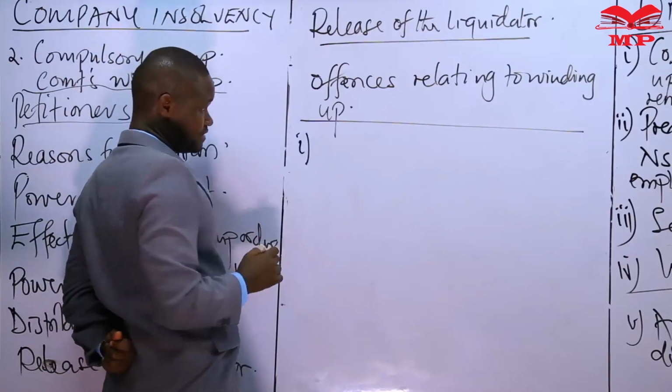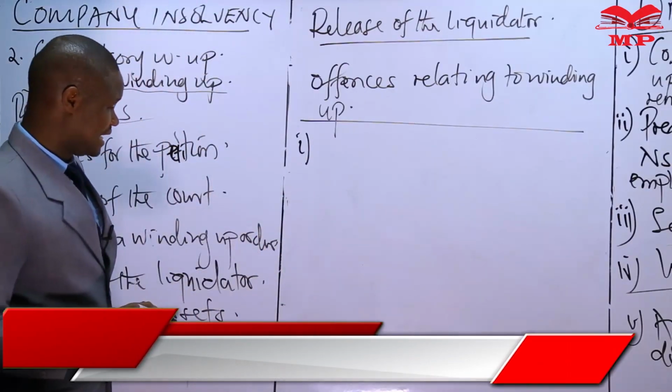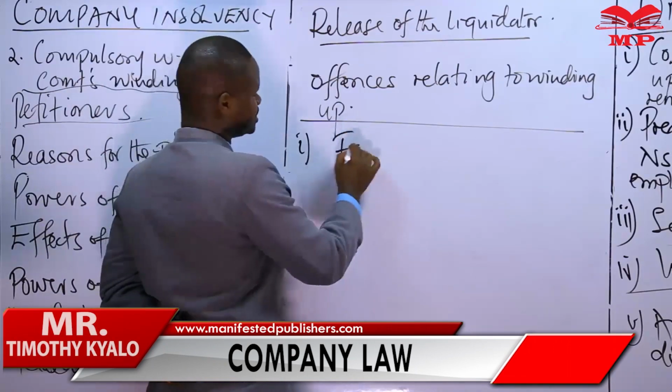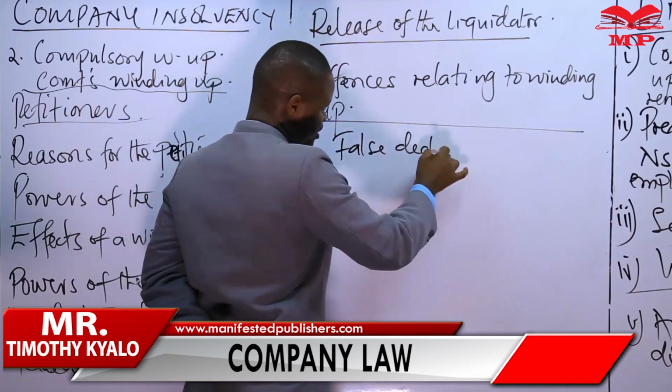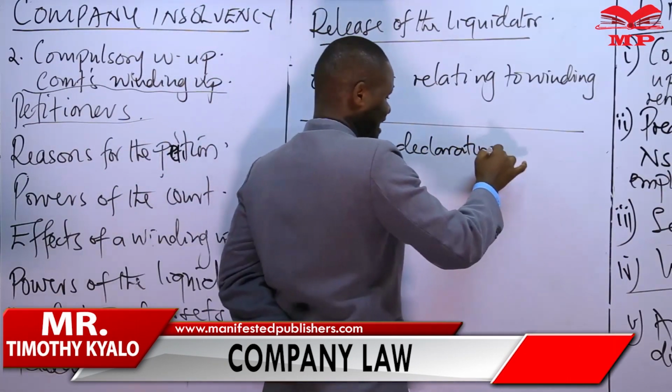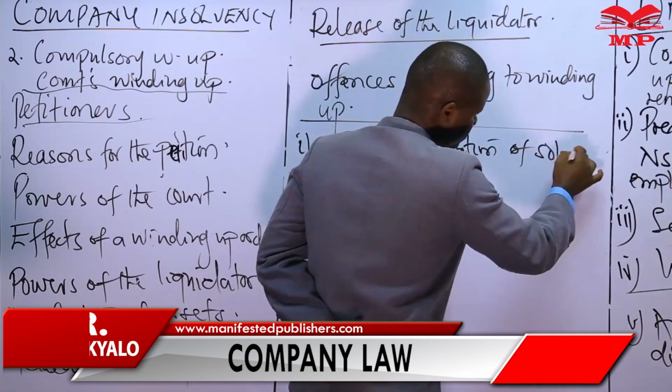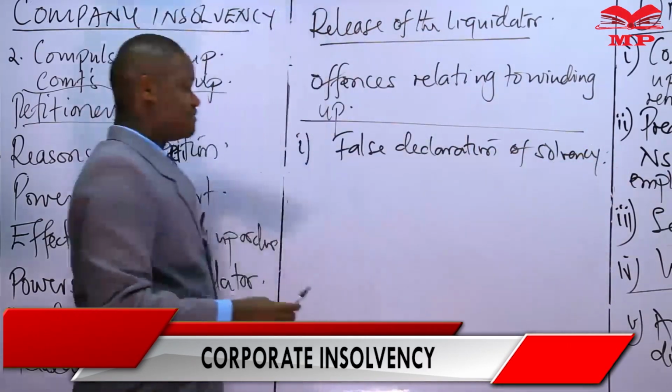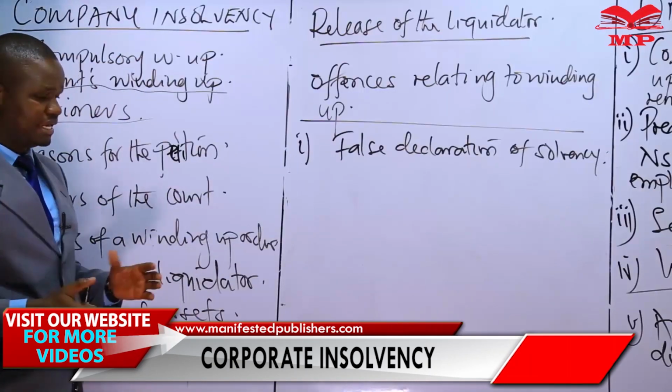Some of the notorious offenses that would be committed during the winding up process would be a false declaration of solvency. We could have a false declaration of solvency being made.